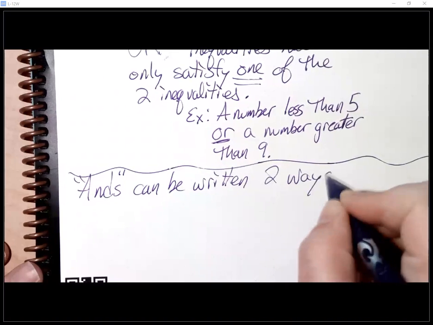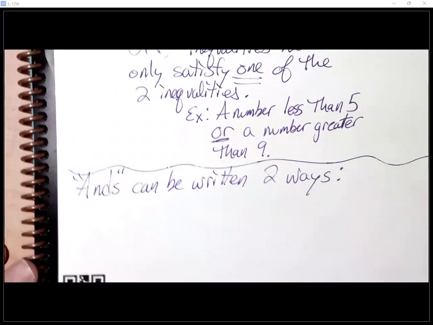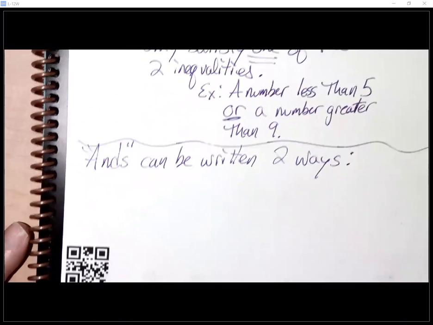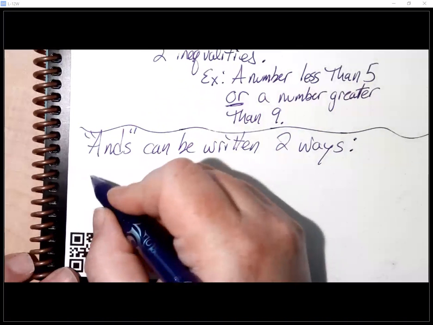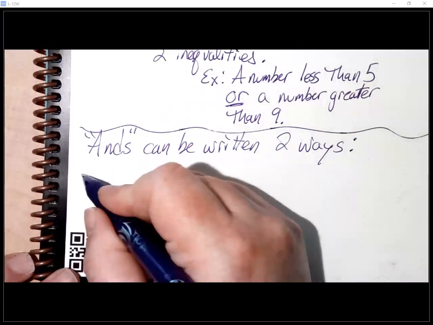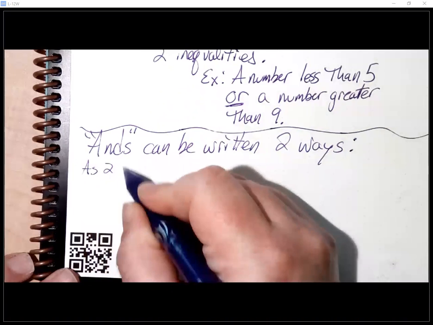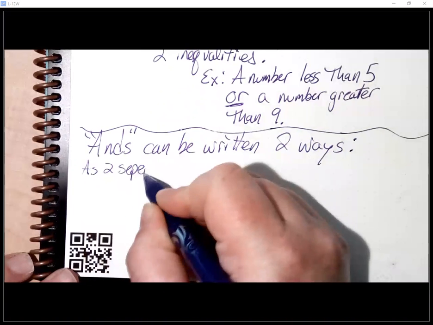So I'm going to give you an example of each different type, and then I'll go through how to solve them. So the first way is as 2 separate inequalities.